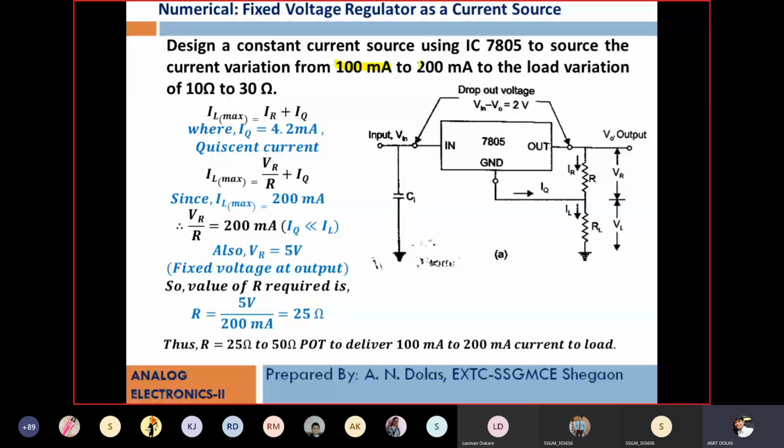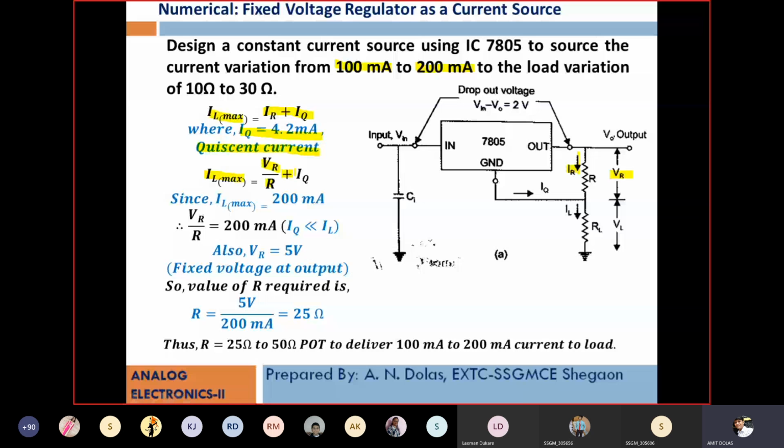Then we'll go for the 200 milliampere load current. So IL max is again IR plus IQ, where IQ is the quiescent current, 4.2 milliampere, which is very small compared to 200 milliampere, about 2% of 200. Then IL max will be VR by R, because VR is the voltage developed across R, divided by the current passing through R, plus IQ.